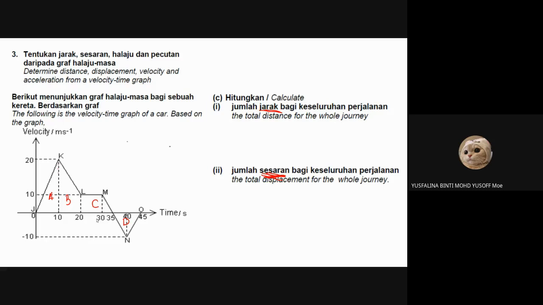Alright, good. So I will start with section A first. A is a triangle, half multiplied by 10 multiplied by 20, so you get 100.